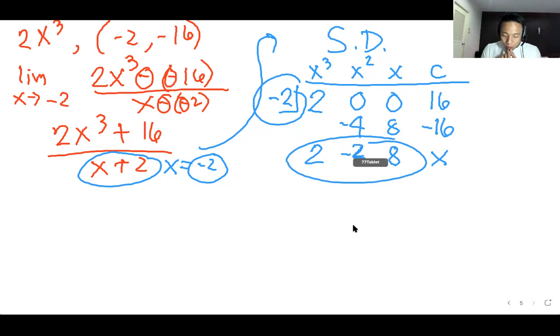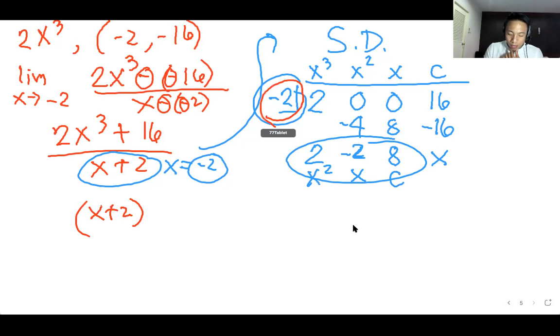Okay? So, since there are only three of them left, 8 will be the constant, negative 2 will be the x, and 2 will be the x squared. So, how do I make it an equation? I have here x plus 2, since I already found it, and then this one, we will just partner them.